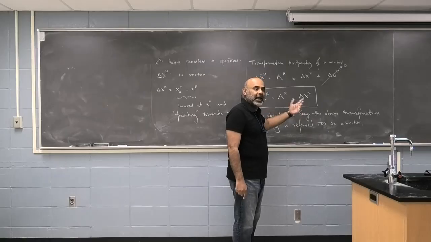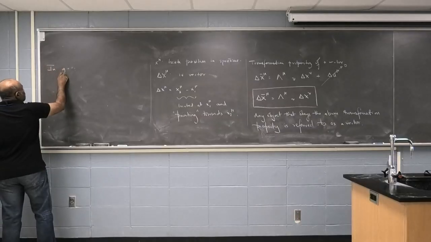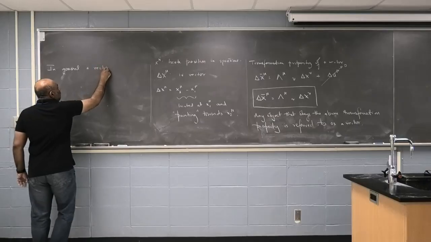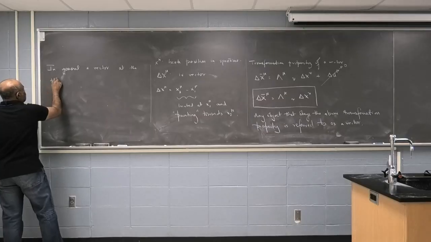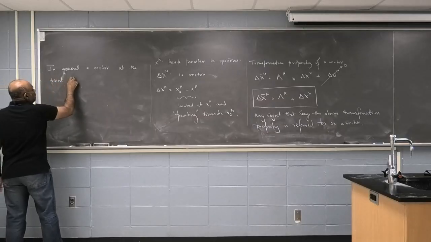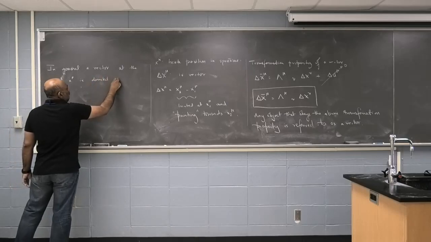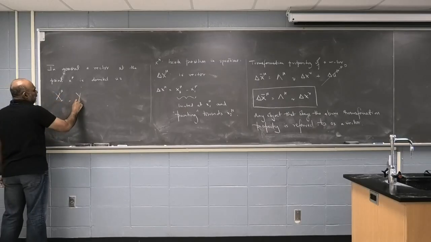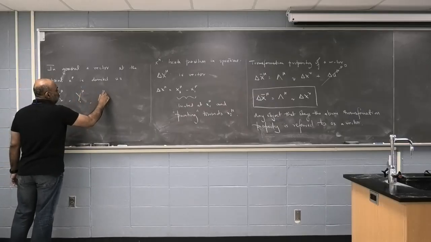So a vector in general at the point x mu is denoted as y mu of x, u mu of x.